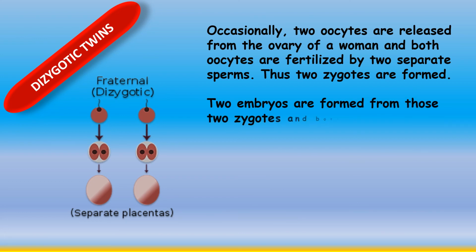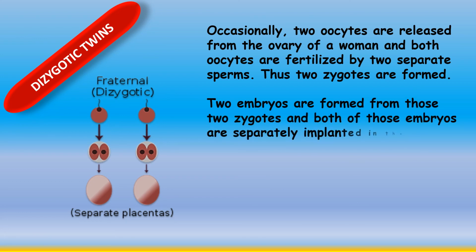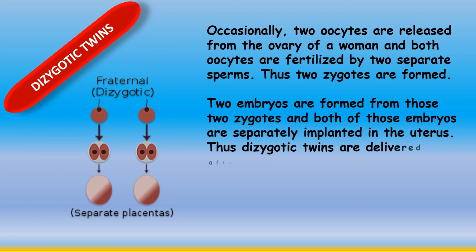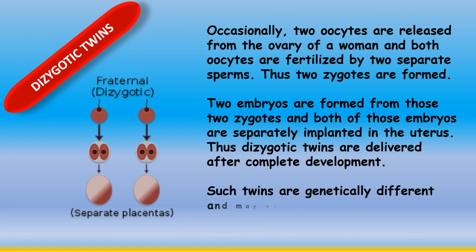Two embryos are formed from these two zygotes, and both are separately implanted in the uterus, and this is how dizygotic or non-identical twins are delivered after complete development. Such twins are genetically different. They may be of the same gender or not. They could be two girls, they could be two boys looking very different, or they could be one girl and one boy.